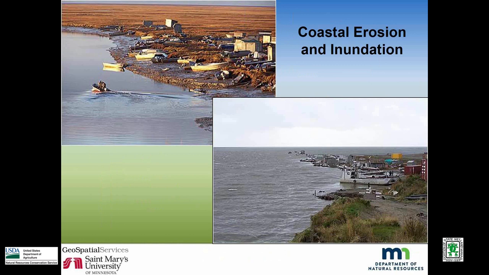The effect is significant, and there are huge issues around relocation of these settlements and management of the coastal wetland community in order to mitigate some of these inundation and storm surge issues.